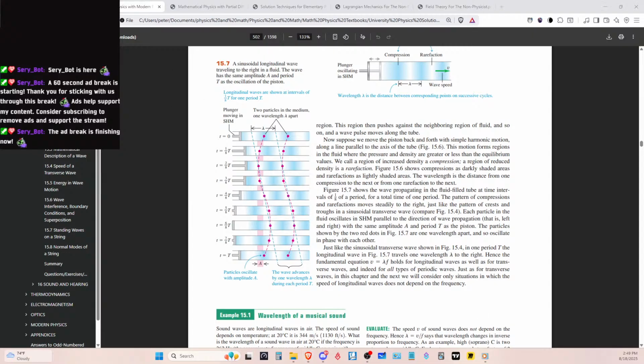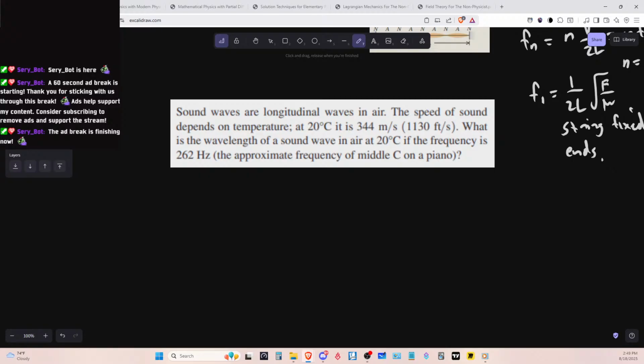Alright, so let's actually get into the problem now. This is probably the speed, in feet per second for us. What is the wavelength of the sound in the air at 20 degrees Celsius? The frequency is 62 hertz.